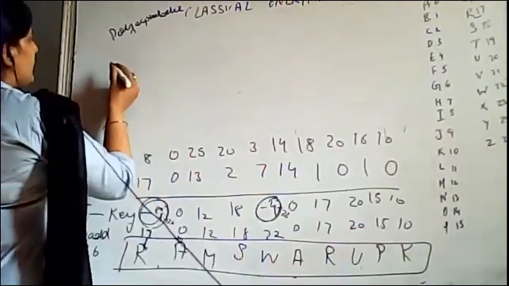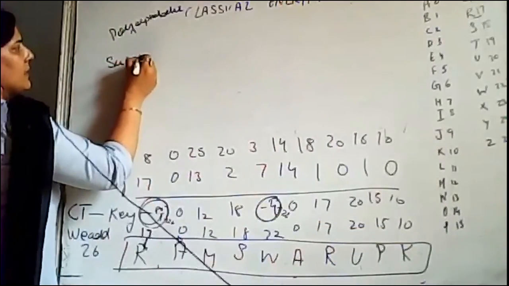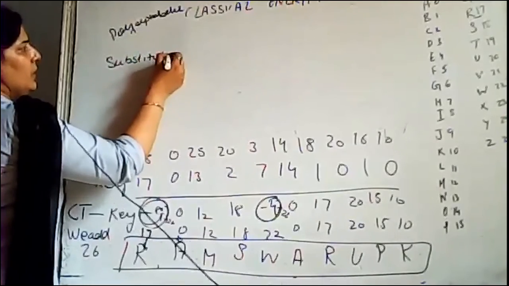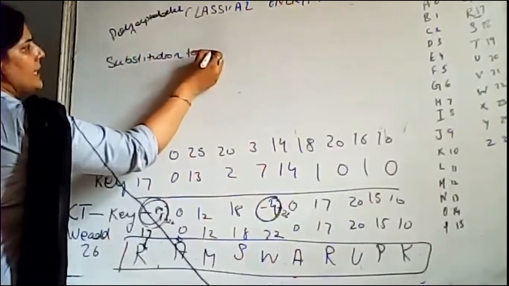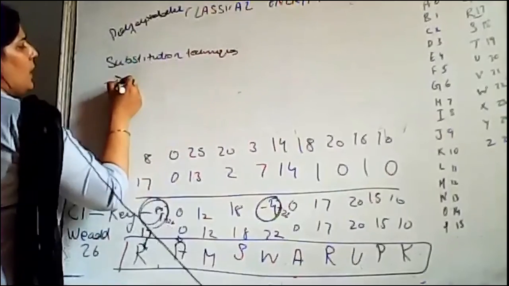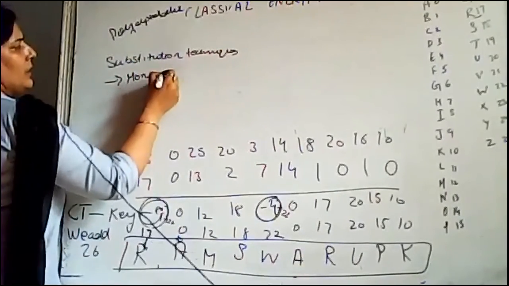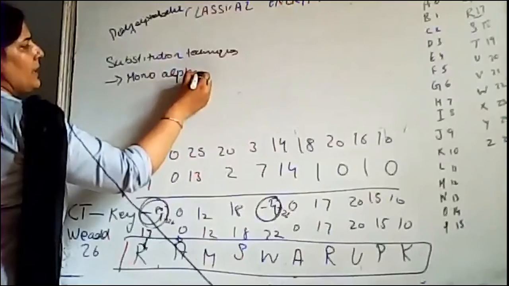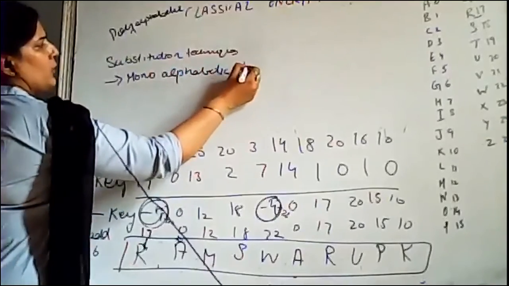We started with the substitution techniques. In substitution techniques, we discussed monoalphabetic. You can remember that in monoalphabetic, we use a one-to-one relation.